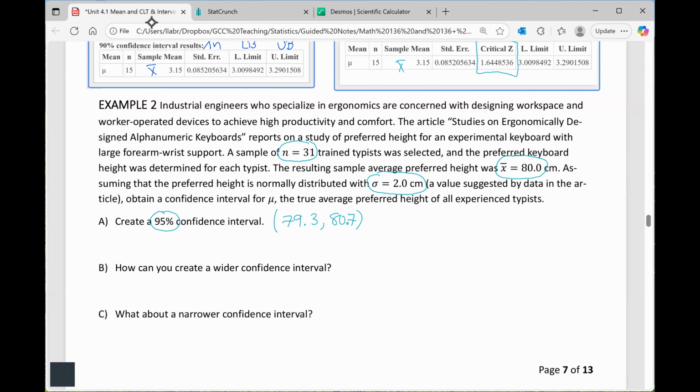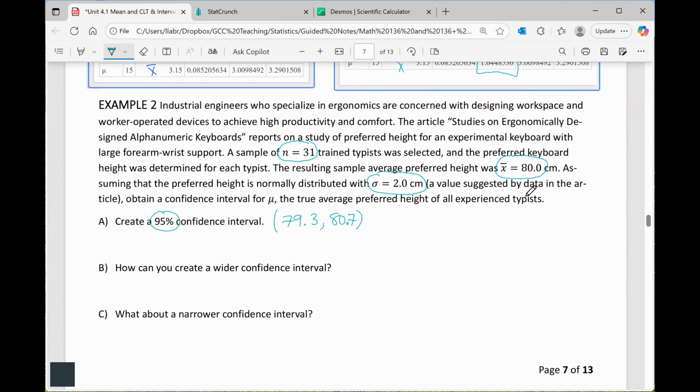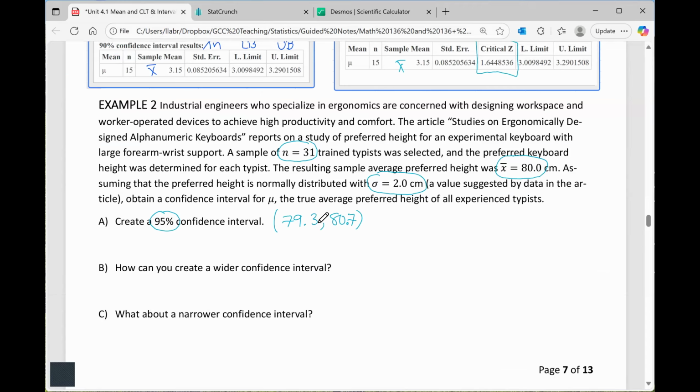So we can interpret this by saying that the true average preferred height for all experienced typists is between 79.3 and 80.7 centimeters. I believe this had to do with keyboards. So the actual preferred height is between 79.3 centimeters and 80.7 centimeters for all of the experienced typists.